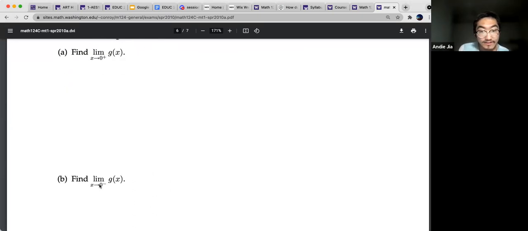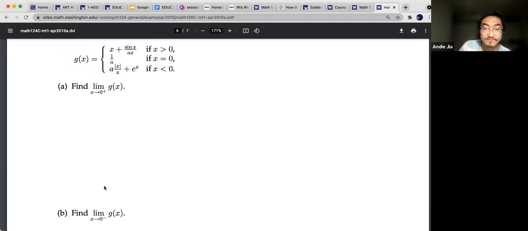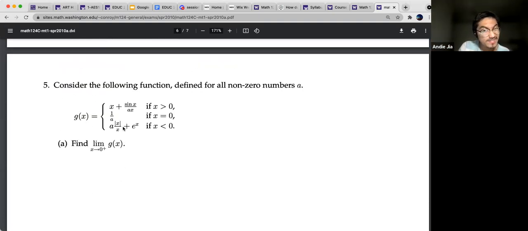If it's from the left side, so the limit as x approaches 0 from the left, it goes from negative to less negative. Here it is positive and here it is negative.